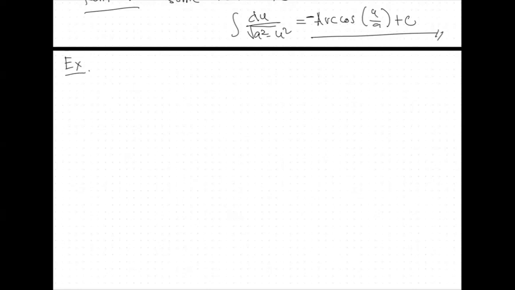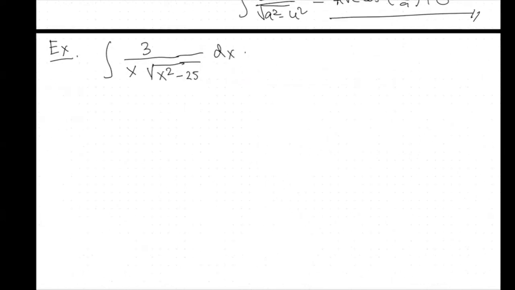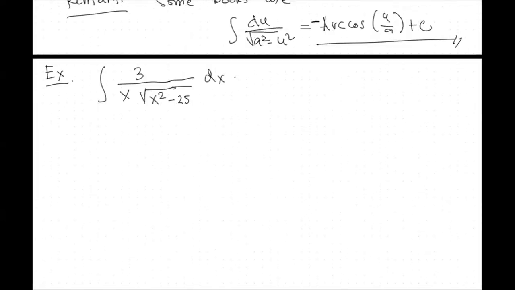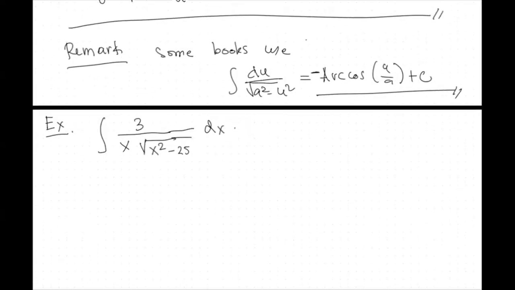So example number 1. I'm trying to slow down here. So here we get the integral of 3 over x squared minus 25 dx. If you look at this example, you notice that our technique now is by inspection.